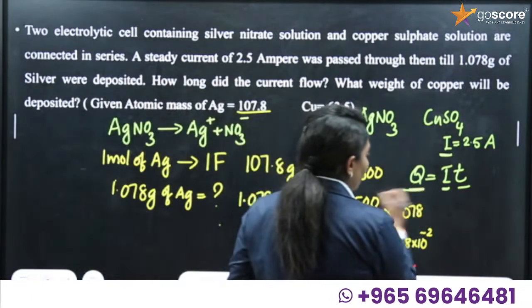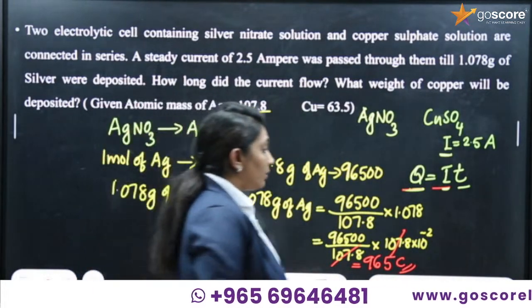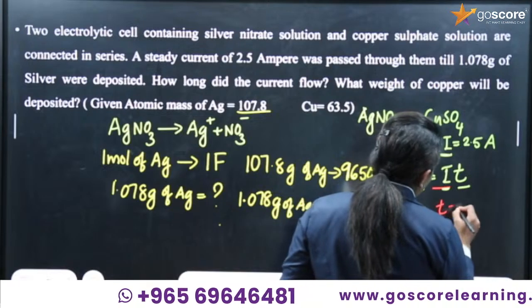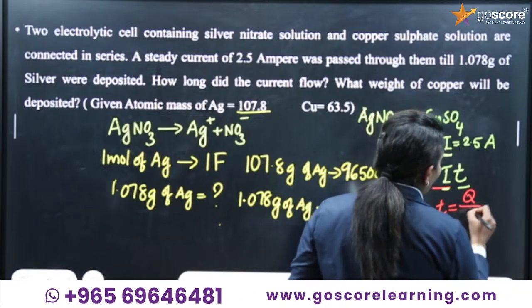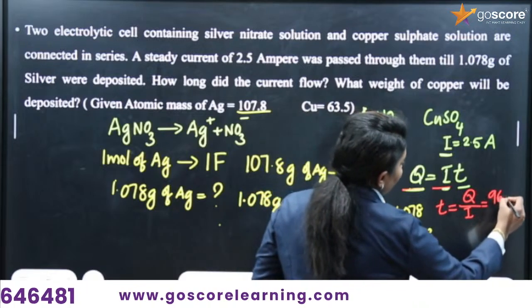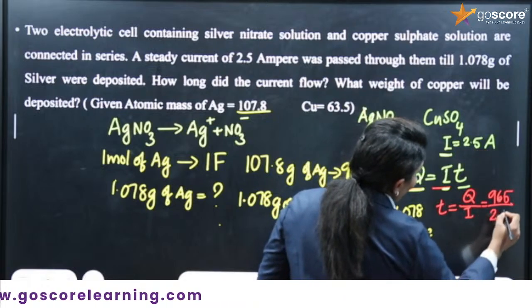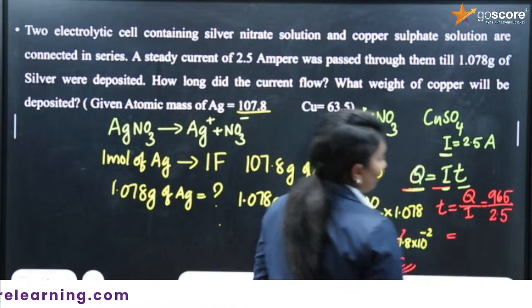So you got the Q value, and you have your I value here. You can easily find out the time required, right? Time t is equal to Q by I, that is 965 divided by 2.5.